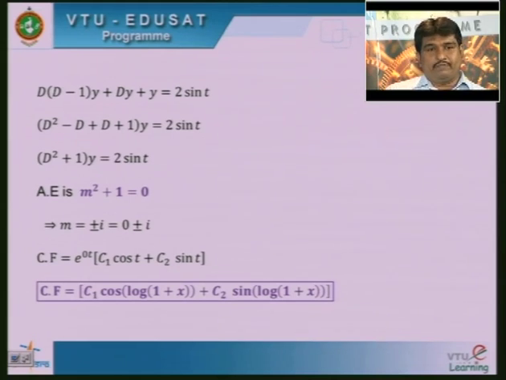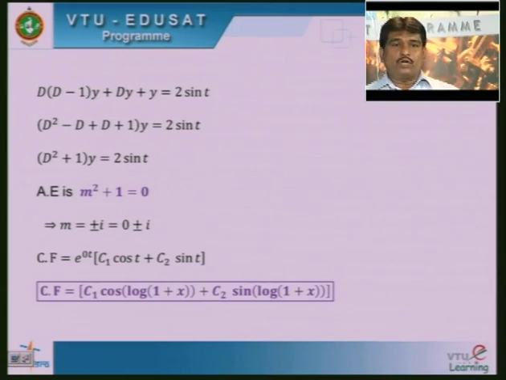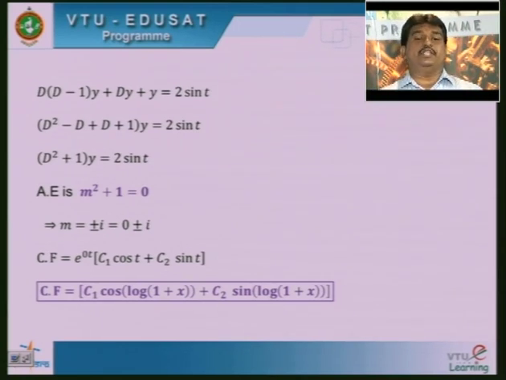So the complementary function is e to the power of 0t, 0 is the real part, into c1 cos t plus c2 sin t. Now convert t in terms of x. The complementary function is c1 into cos of log of 1 plus x plus c2 into sine of log of 1 plus x.